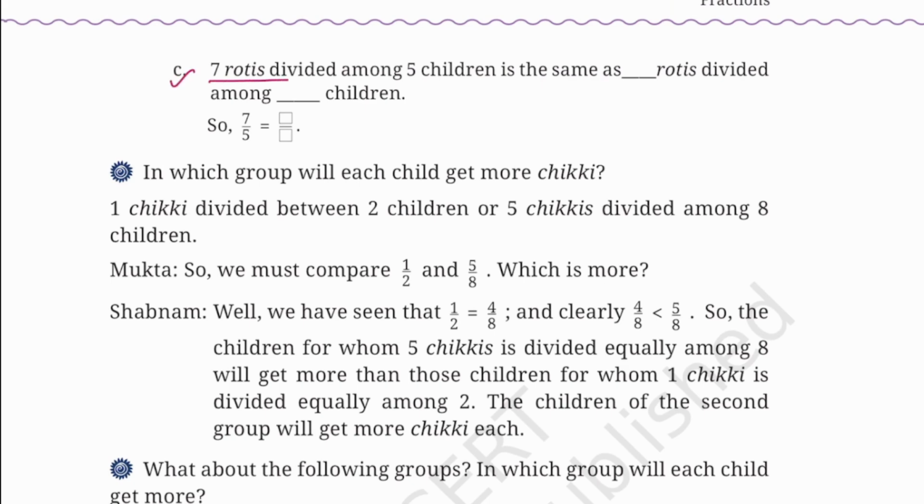C. 7 rotis divided among 5 children is the same as dash rotis divided among dash children. So 7 upon 5 is equal to dash upon dash. For example, if you double the number of children, then you have to double the number of rotis.